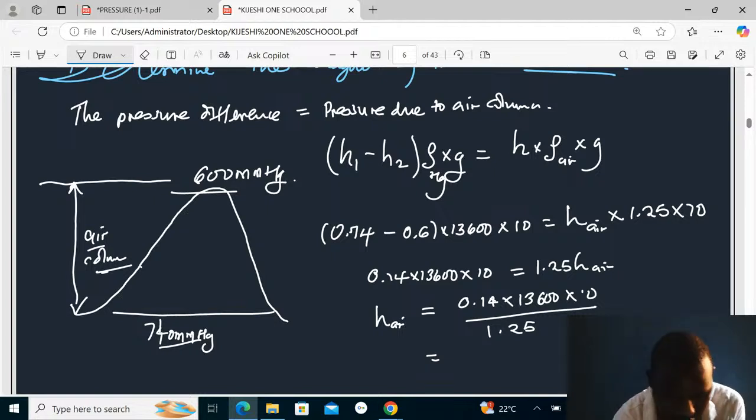Let me recheck. 0.14 times 13,600 times 10 divided by 1.25.